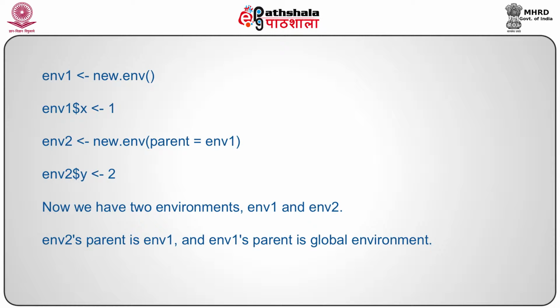Let's consider this thing for two. Then we will move ahead with more than two environments later on. For two environments, we are considering that one is a parent of the other. So let's see how to evaluate the expression in this example.